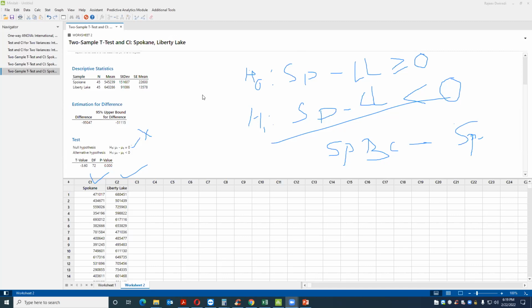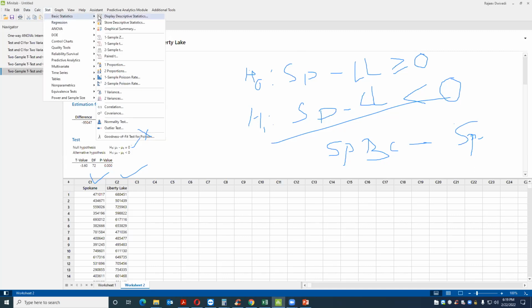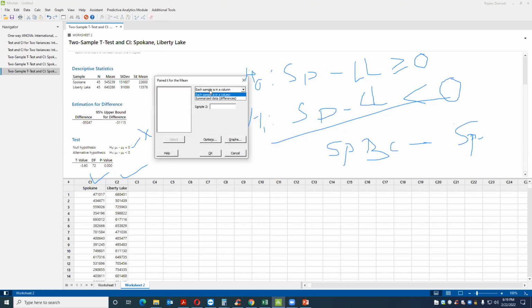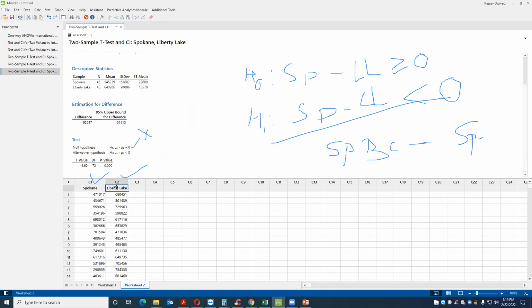So basically you are the only one, only the situation changed, before MBA and after MBA. So this is called the paired sample test. In this case, that means you have each data in its own column. Let's say I just change this data, and I can see Spokane housing prices before COVID.